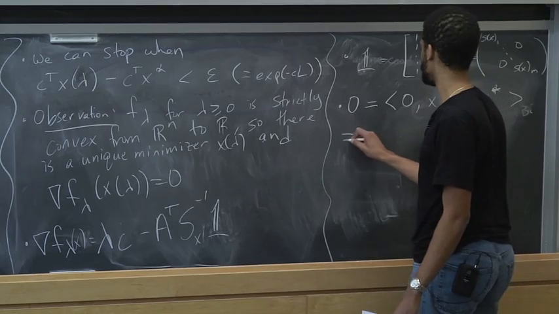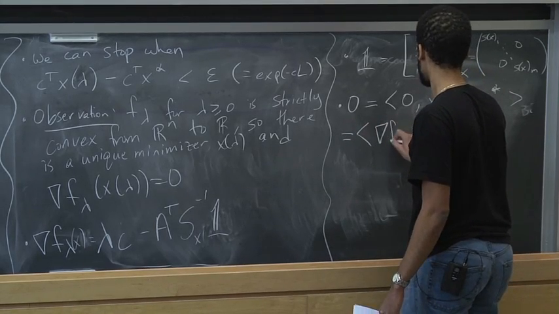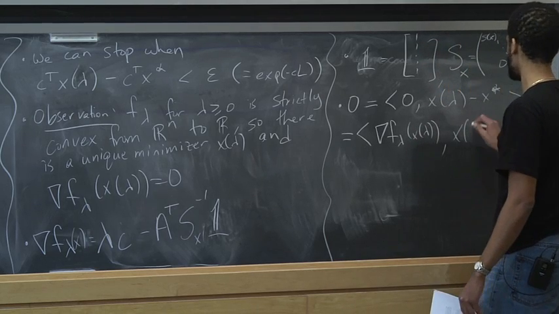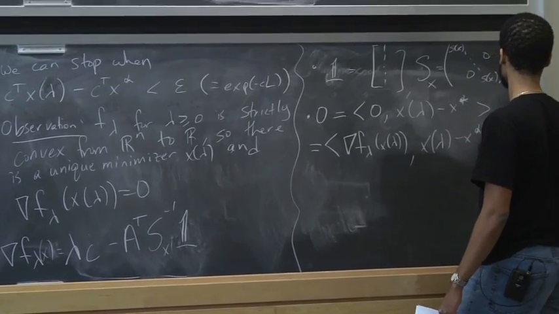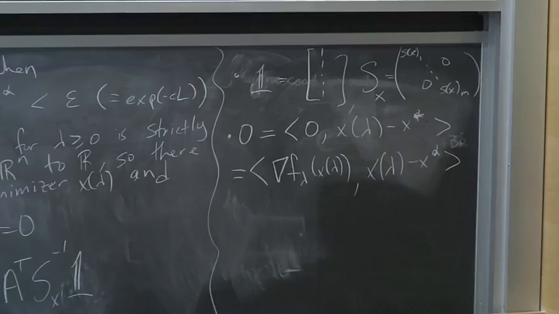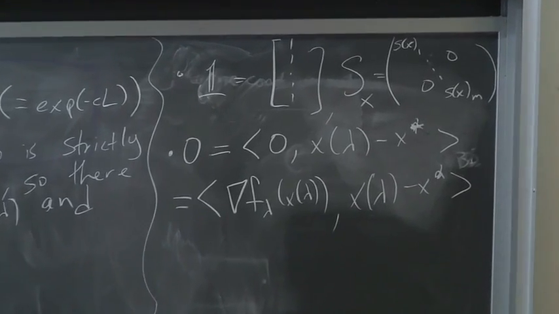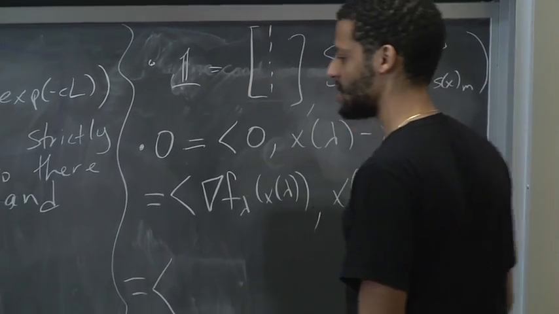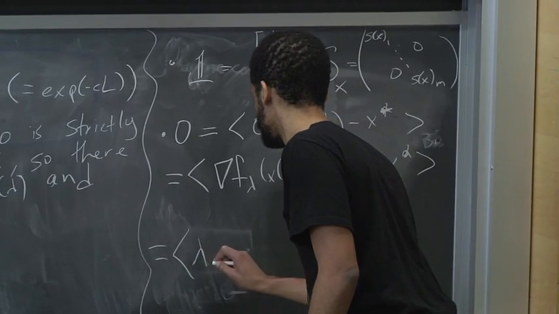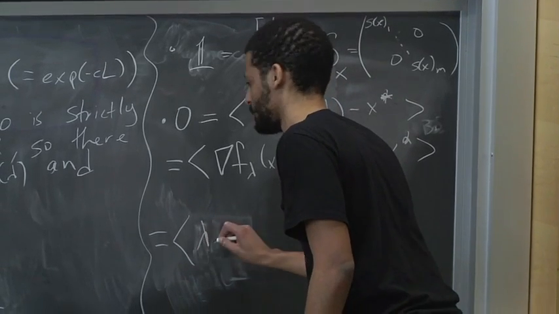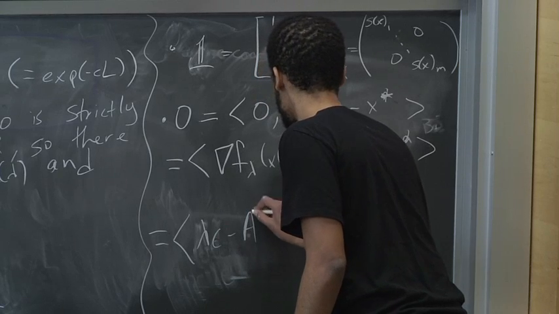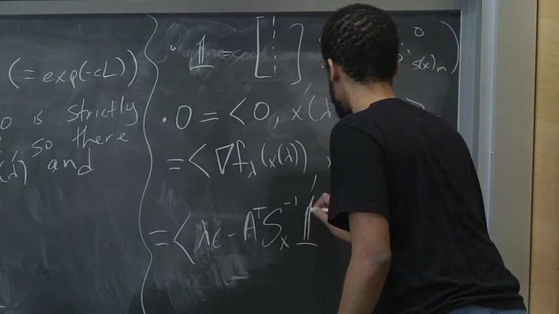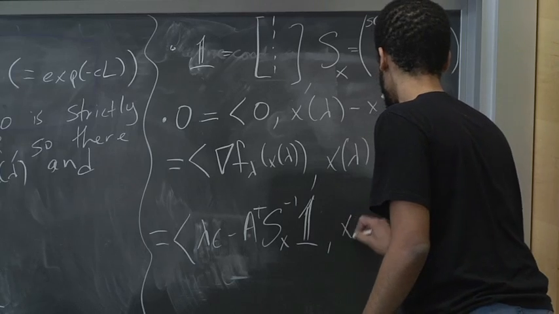And this is equal to the gradient of f sub lambda at x lambda dotted with x lambda minus x star. Let me write explicitly what that gradient is. We said that gradient is lambda c minus A transpose Sx inverse, the all ones vector, dotted with x lambda minus x star.